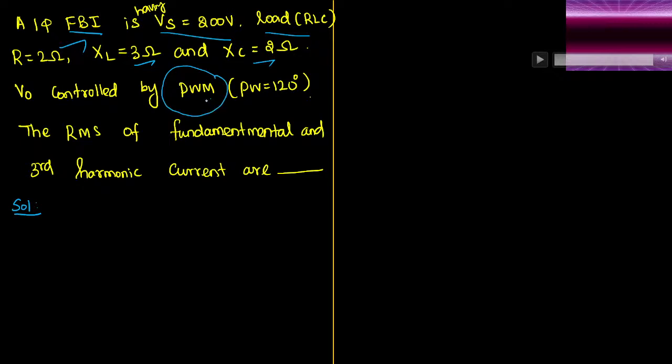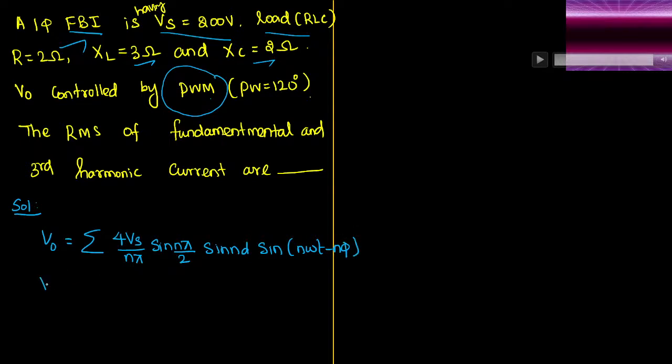We know whenever we hear the words pulse width modulation technique, immediately what we have to write? I told you the output formula. There are two formulas. One is the trigonometric Fourier series expansion, that can be written as 4Vs upon n pi into sine n pi by 2 into sine n d into sine of n omega t minus n phi.